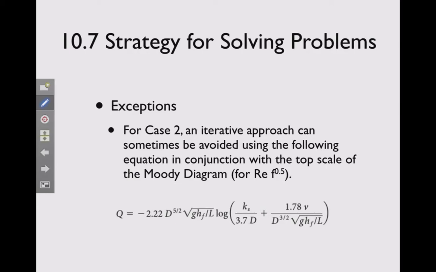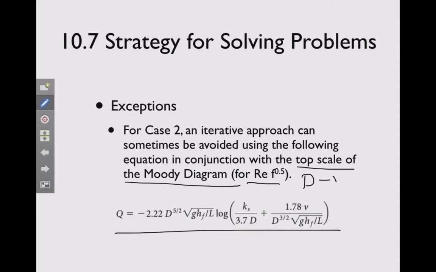There are some exceptions. For instance, in certain situations, we can rely on this equation where we are able to use the top scale of the Moody diagram, which gives us the Reynolds number times the square root of the friction factor. And remember, that top scale is really just the Darcy-Weisbach formula, or a formulation of that.